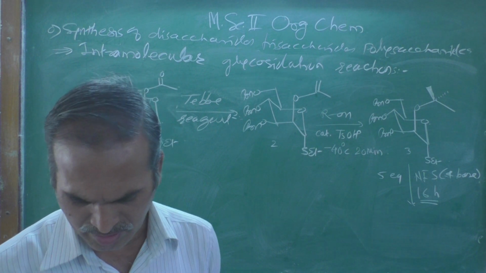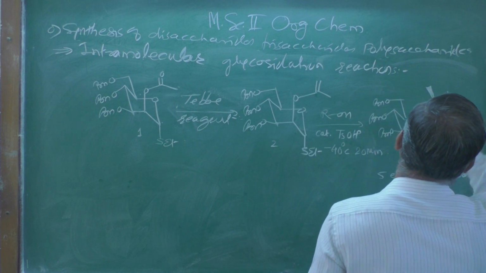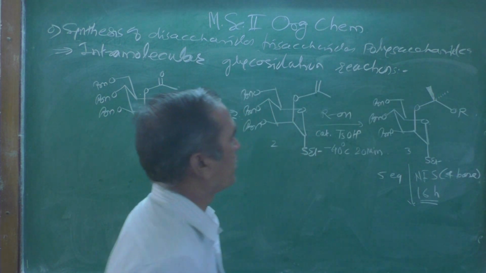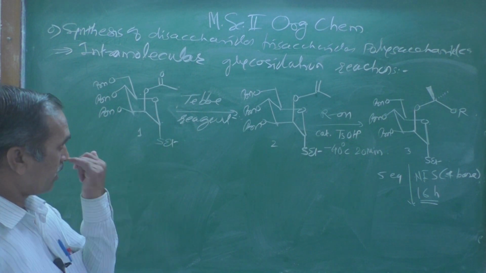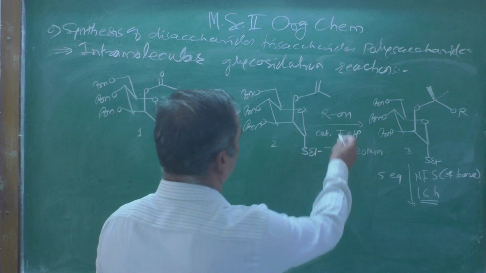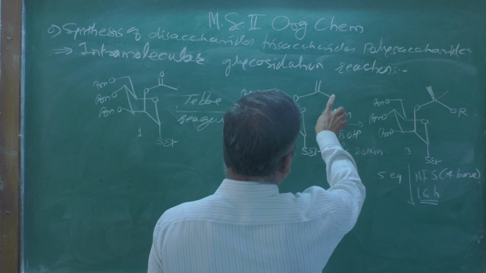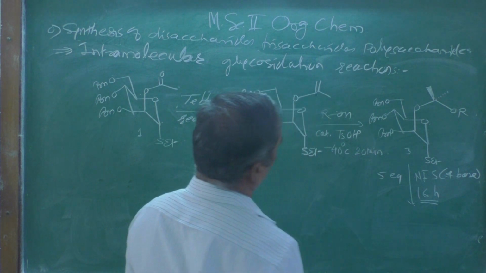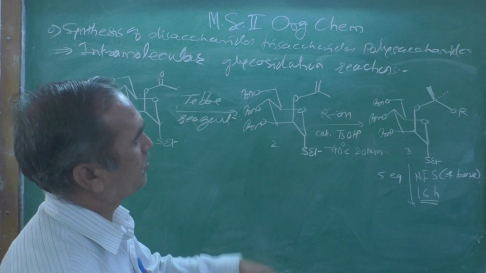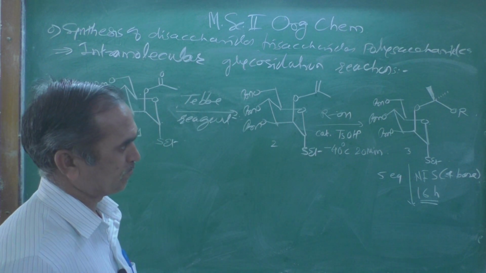Here in structure number 3 there is an OR, not this one. That is an OR, because we are adding an alcohol, so that we get this one. So the OH is attacking over there. The methyl groups: one goes above the plane, one goes below the plane, and O remains in the plane.